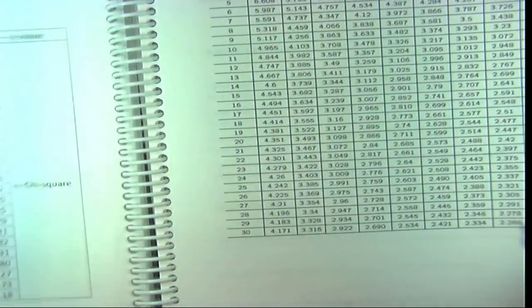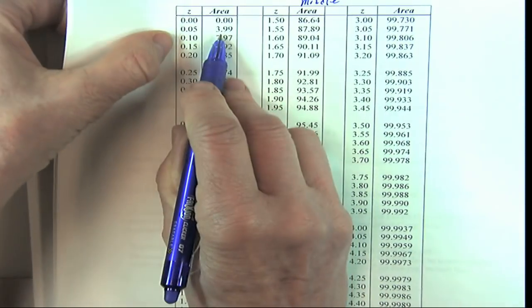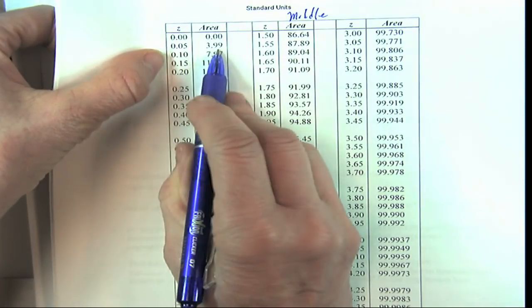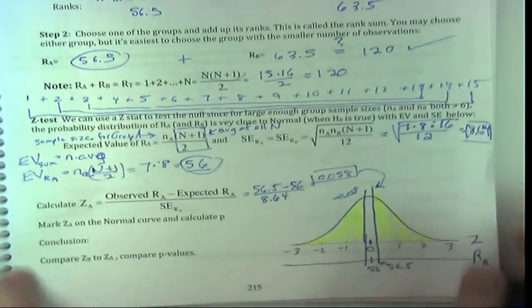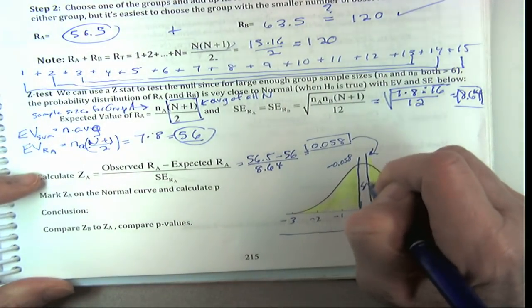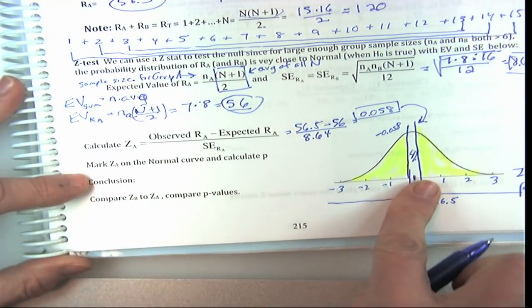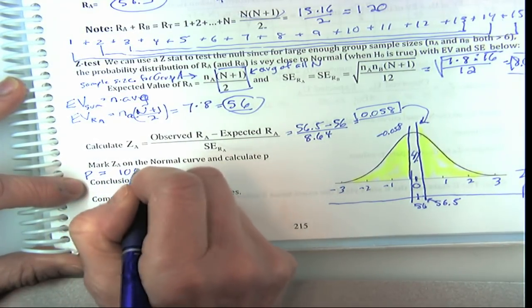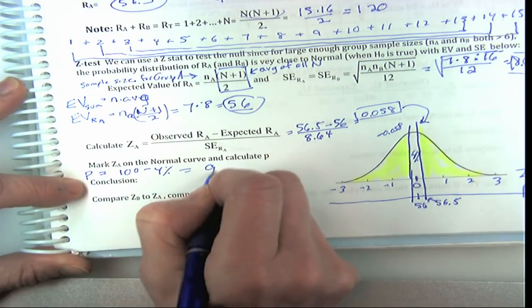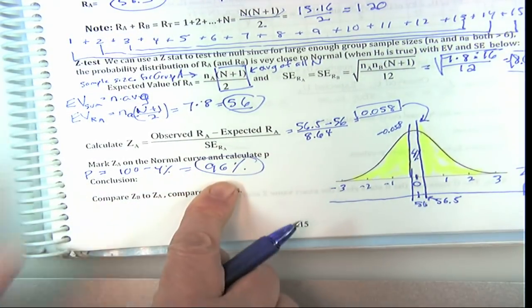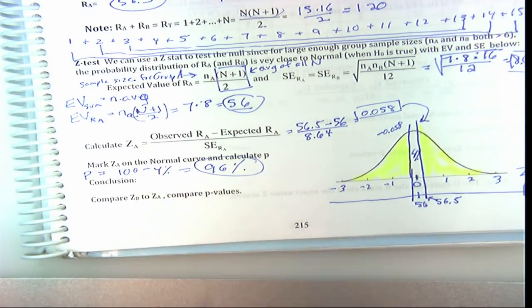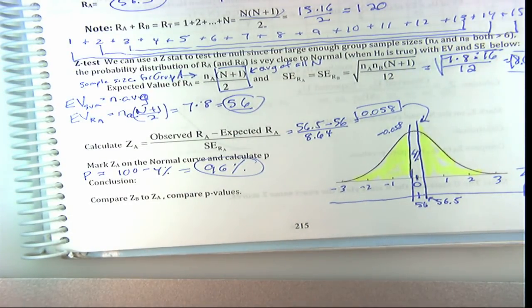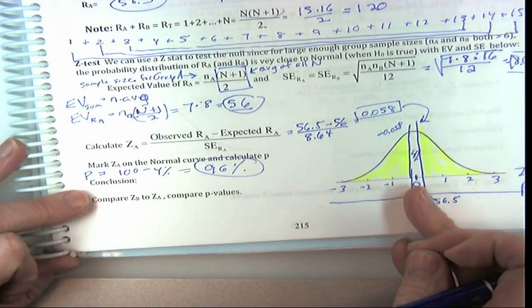If you really want to go through this, okay, so the middle area is about 4%. We have 0.058, it's about 4%. So our p-value is equal to 100 minus 4%, which is equal to 96%. That is a huge p-value. Conclusion? Well, the conclusion is obviously the null seems very good.